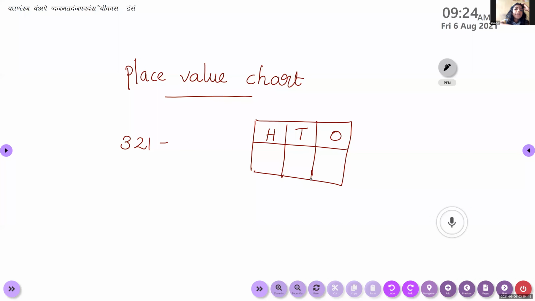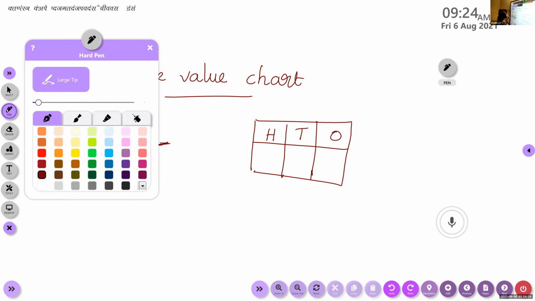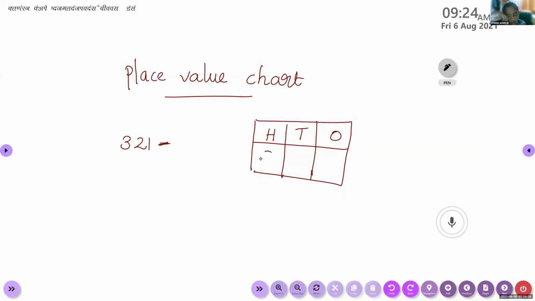And for this given number, in hundreds place, which digit do we have to write? 3. Yes, correct. In hundreds place we should write 3. And in tens place? 2. In ones place? 1. This is O, not 0. HTO. Okay.